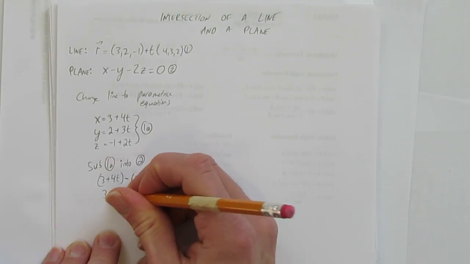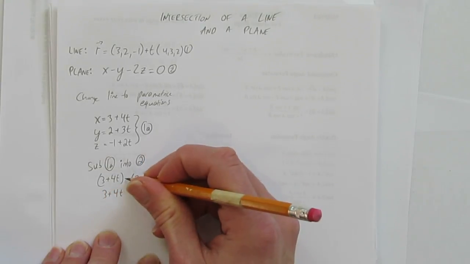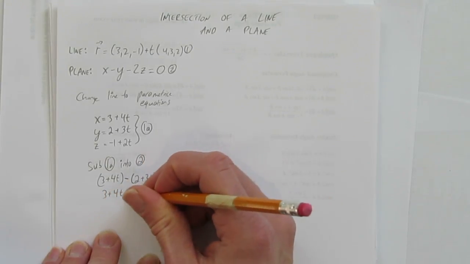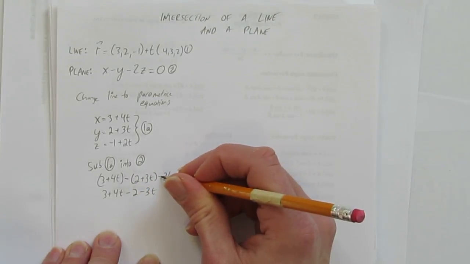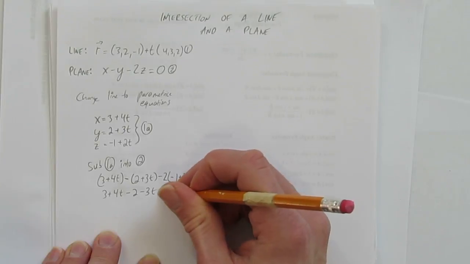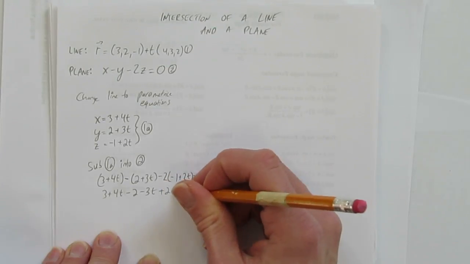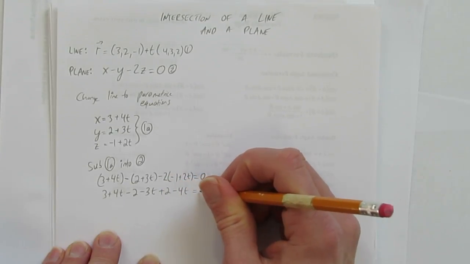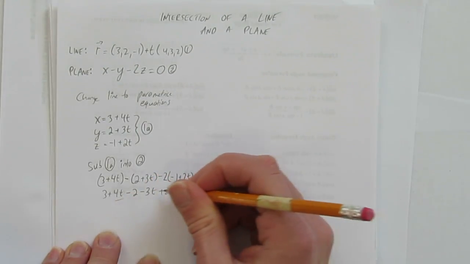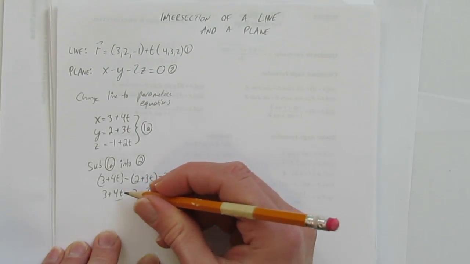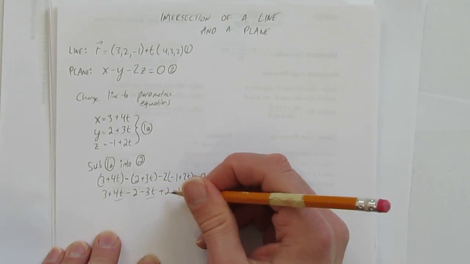I get 3 plus 4t. Just drop the brackets. Rainbow or distribute this minus. That's minus 2 minus 3t. And rainbow this negative 2 times negative 1. You get plus 2 minus 4t. Still equal to 0. And let's collect like terms now. Start with the t's. I got 4t minus 3t minus 4t.